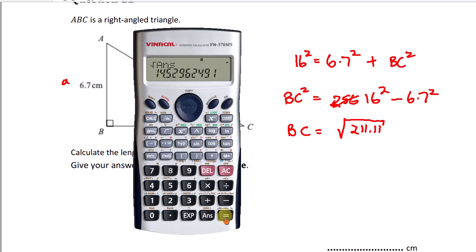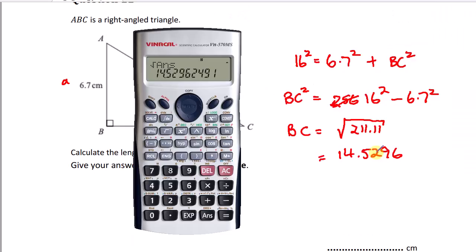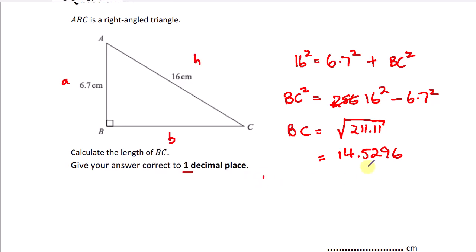That's 14.5296. And 6, the 2 says round down. And then to one decimal place, I want to know about the 5. The 2 says go down, so leave it at 5. So it's 14.5 centimetres.